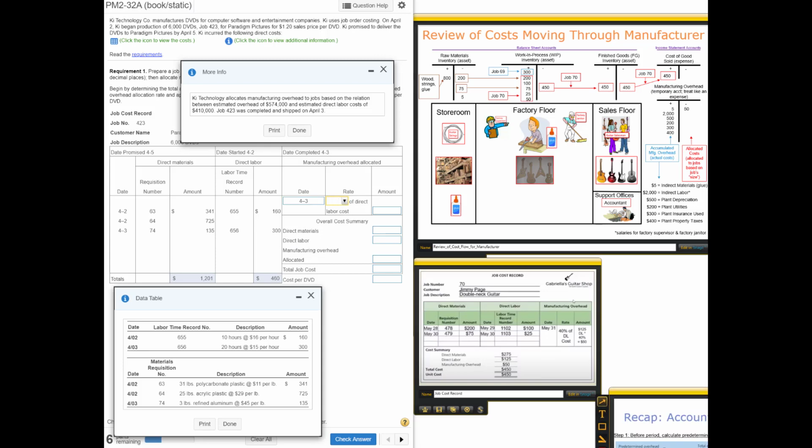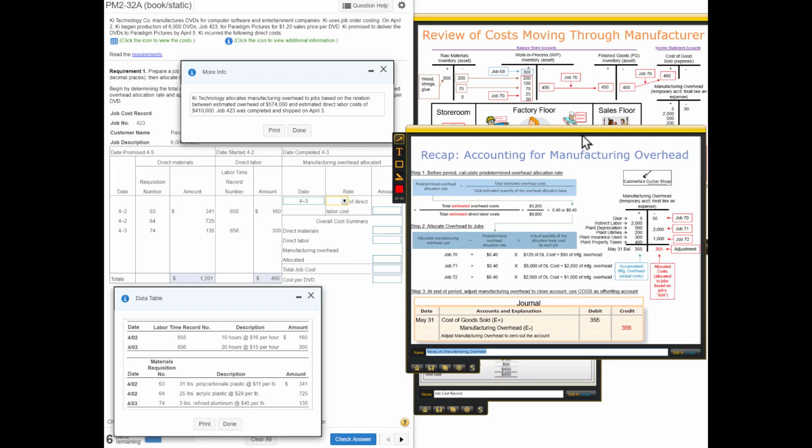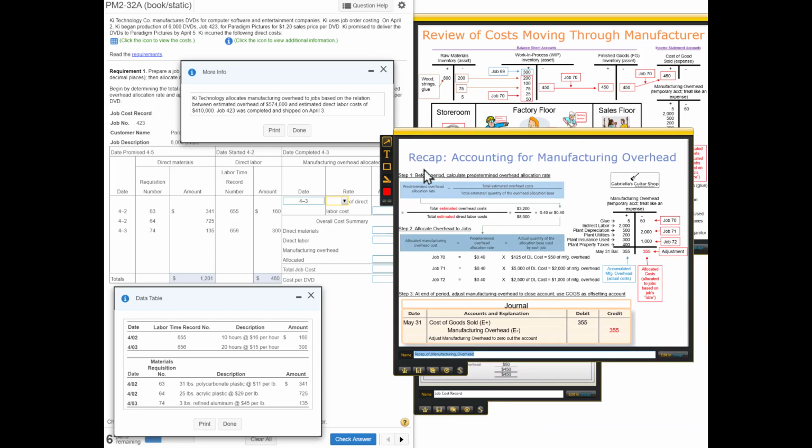So here is another slide from the PowerPoint. So the first step is before the period, the company needs to calculate the predetermined overhead allocation rate. And the way they do it, they take the total estimated overhead costs, which is right here, $574,000, divided by the total estimated quantity of the overhead allocation base.